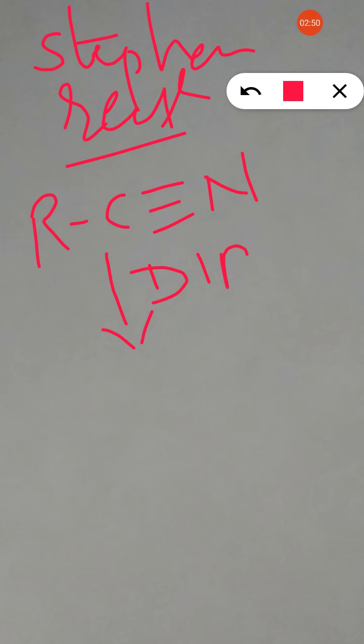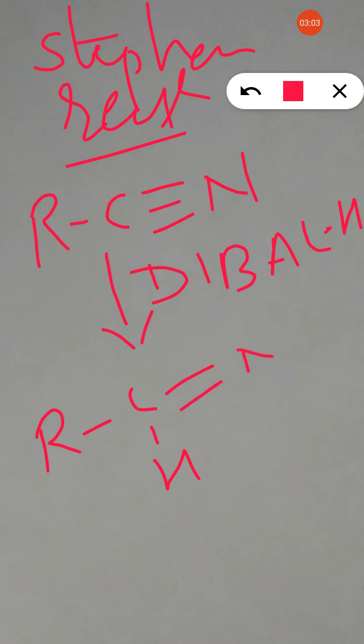Now here again there is a new one, that is Stephen reaction. What is Stephen reaction? In case of Stephen reaction, the nitrile group RC triple bond N, this nitrile is treated with DIBAL-H, diisobutyl aluminium hydride. This DIBAL-H will give the product as an imine, RC double bond NH.